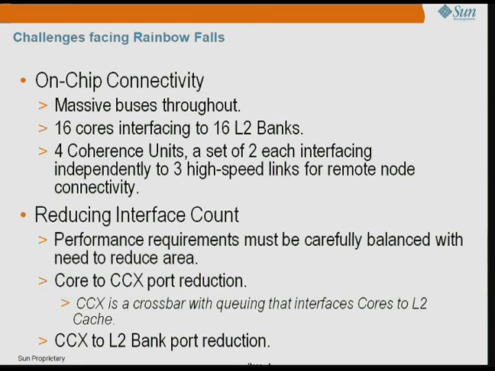So on-chip connectivity is one. We have massive buses throughout, and that's just a fact given that we support 128 threads. Some of the areas where we have these massive buses focused are the 16 cores interfacing to 16 L2 banks.